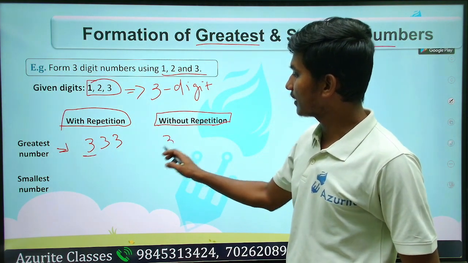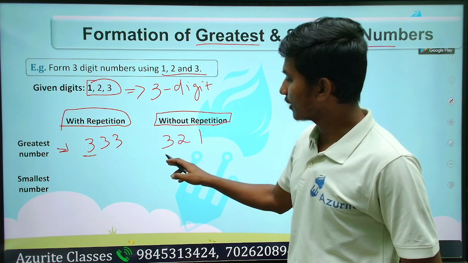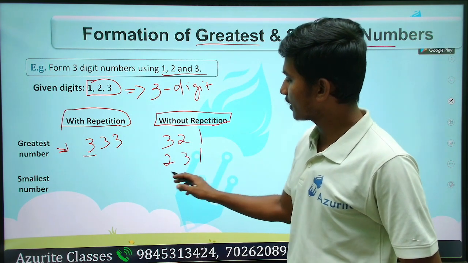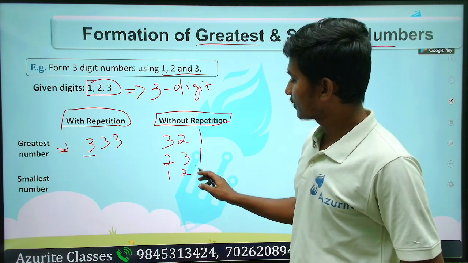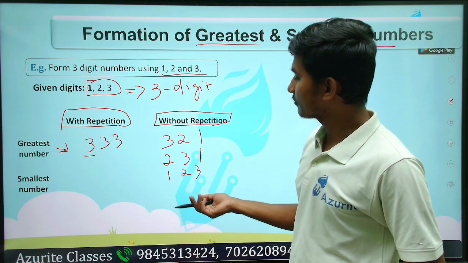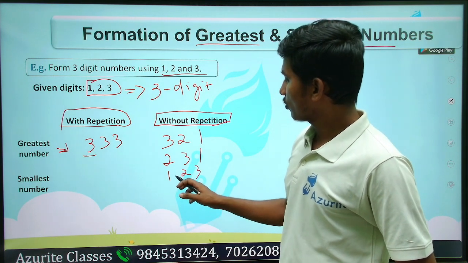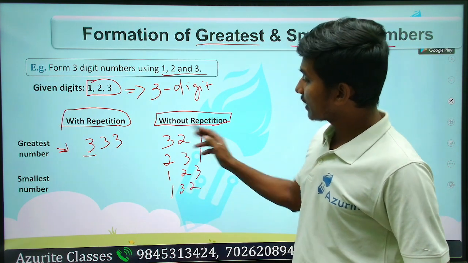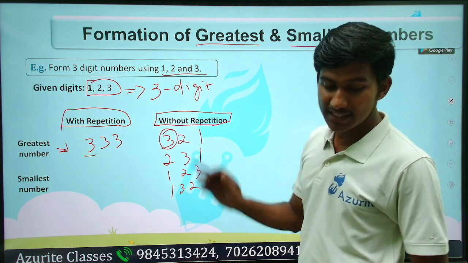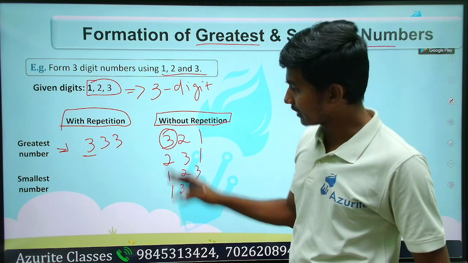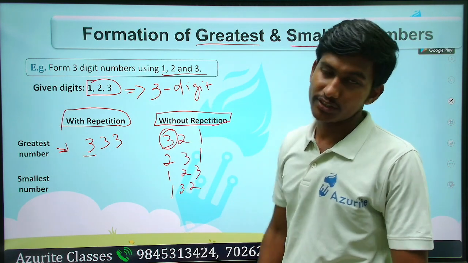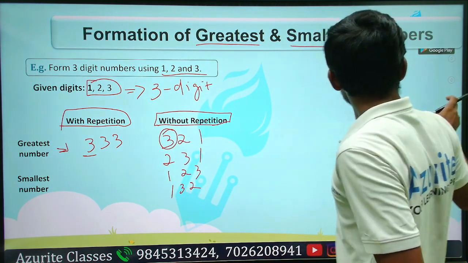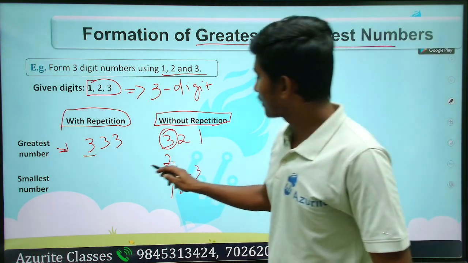If I write 321, or if I write 231, or 123, or 132, 300 will be bigger, right? That is in the 100 place, that should be the bigger number. Starting should be the bigger digit, then it will make the bigger number, right?